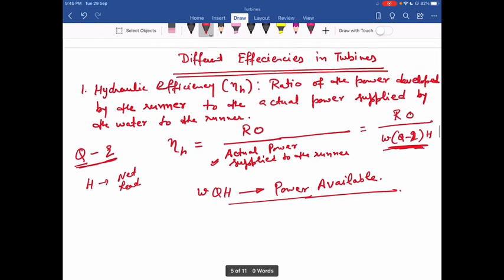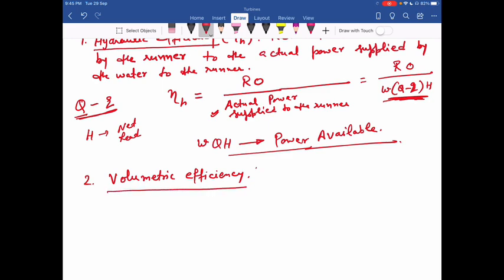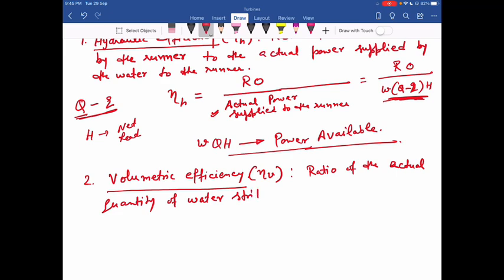Now to account for the volumetric losses, we have another efficiency that we call volumetric efficiency, eta V. It is the ratio of the actual quantity of water striking the runner to the quantity supplied to the turbine.